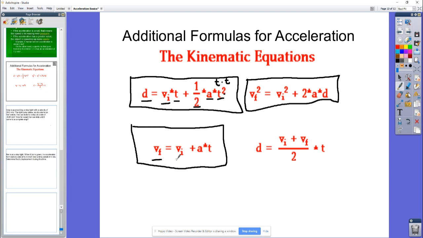We have final velocity is equal to initial velocity plus the acceleration times the time. And then we have final velocity squared is equal to initial velocity squared plus 2 times the acceleration times the displacement. So those are all used for different things. These formulas are very common if you're building cars or other mechanical objects.